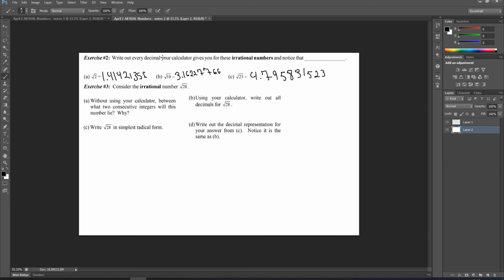So again, if we look at these, they go forever, and there's no pattern to the decimals. I have no way to tell you what the next number is going to be for sure. It might be a 3 again, but I don't know. I have no way to guarantee it.